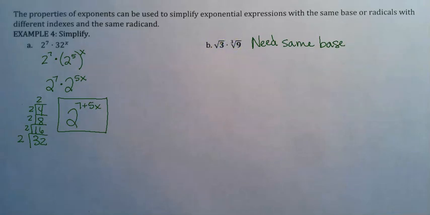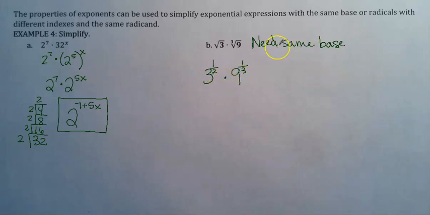All right, so let's convert these to exponential notation. So this is 3 to the power of 1, right? We never write the 1. And it's a square root, so over 2. Awesome. And this is times 9 to the power of 1 over 3, because our index is 3. Again, the base here is not 3, the base here is 9.